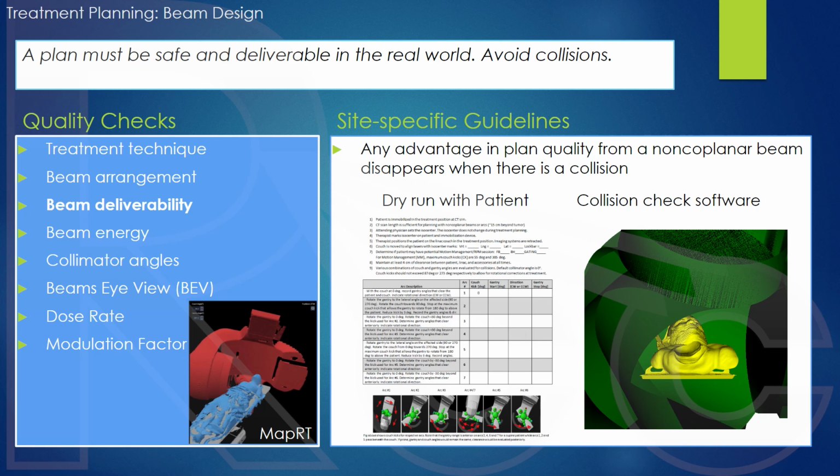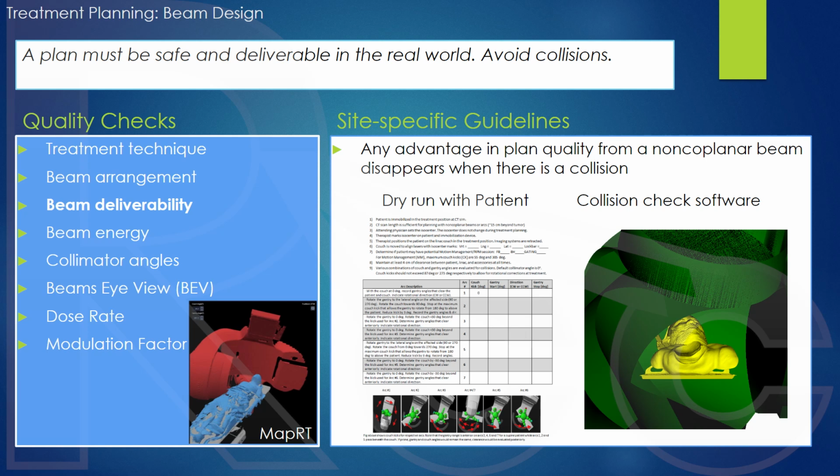One is to perform a dry run with the patient on the couch top. Another is to perform a virtual dry run using a CAD model of the LINAC, the couch, and the patient anatomy, say from a CT dataset. Or you may also consider using surface guidance, as shown at left with MapRT, that shows more comprehensively the patient anatomy in the LINAC.